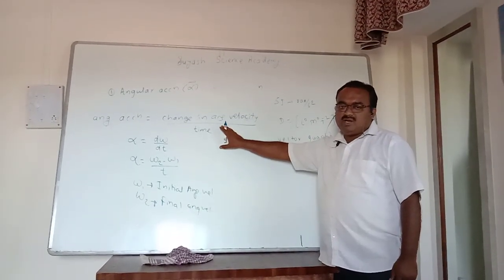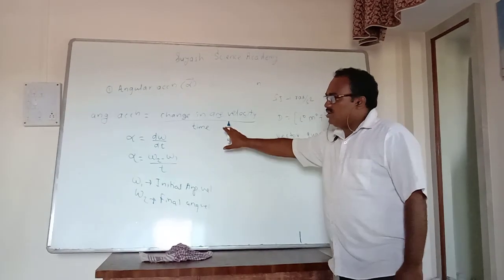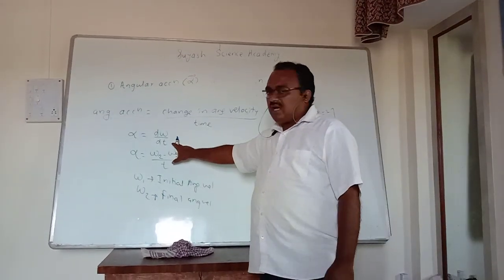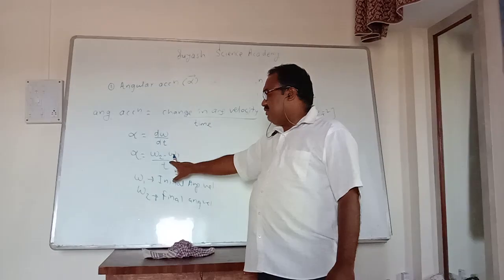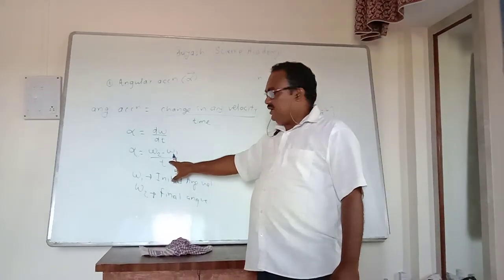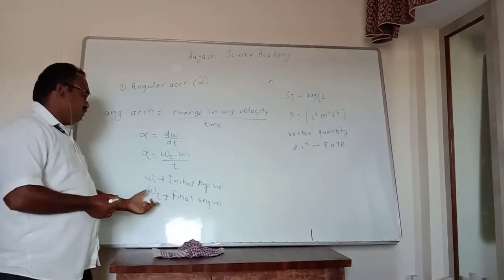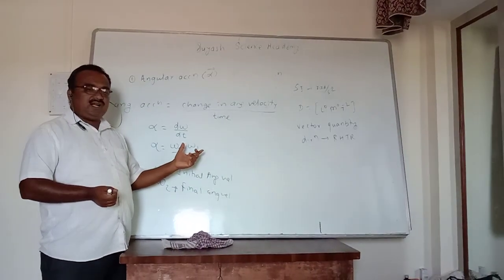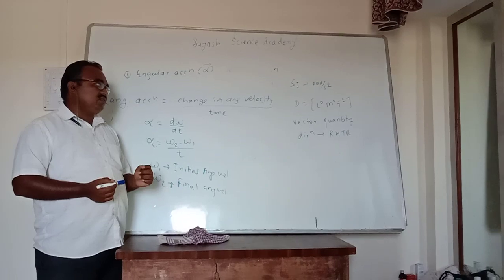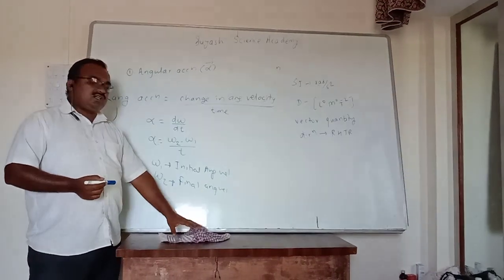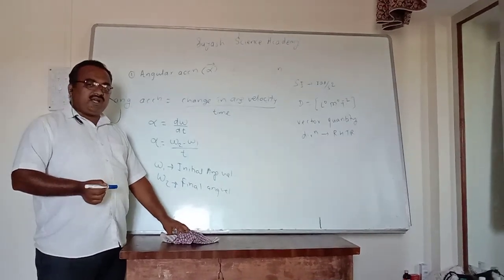Formula: alpha equal to d omega by dt, alpha equal to omega 2 minus omega 1 upon t. Omega 1 is the initial angular velocity, omega 2 the final angular velocity. SI unit radian per second square, dimension L0 M0 T minus 2, and it is a vector quantity. Direction is given by right hand thumb rule.